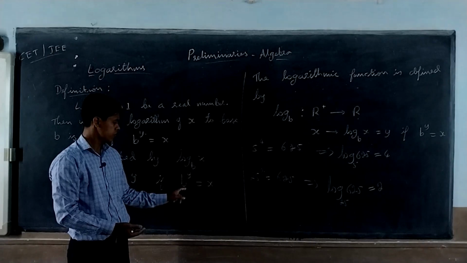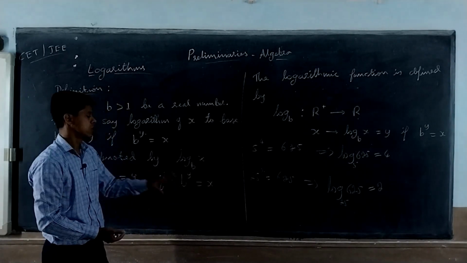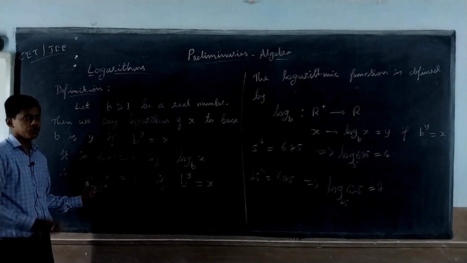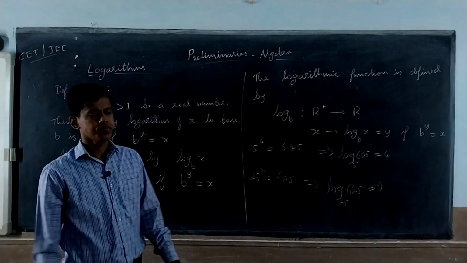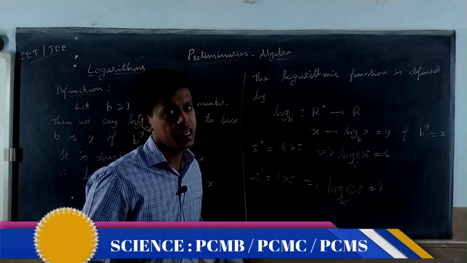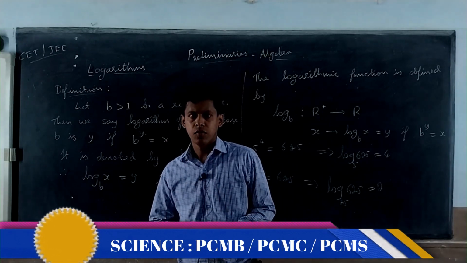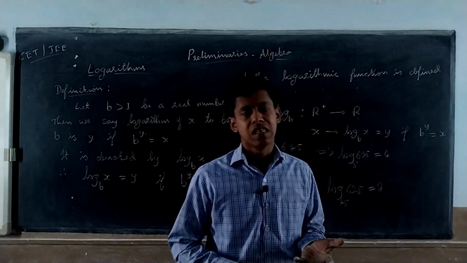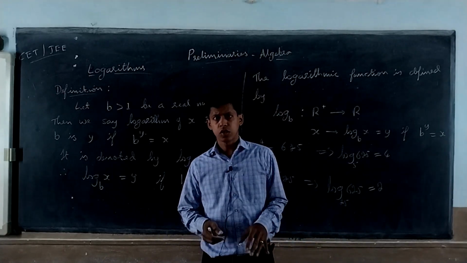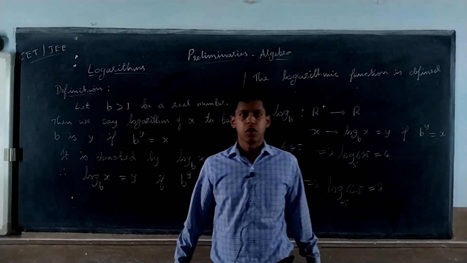If you know y and b, the base, you can always find the value of x, correct? If you do not know y, then you can find that y using log. That is the beauty of exponential and log. You can convert to each other and see which gives you the better results. Depending on your problem, depending on your situation, you can select either the exponential or the log method.